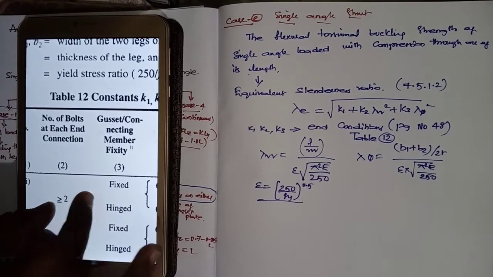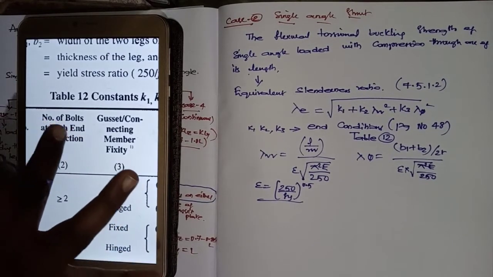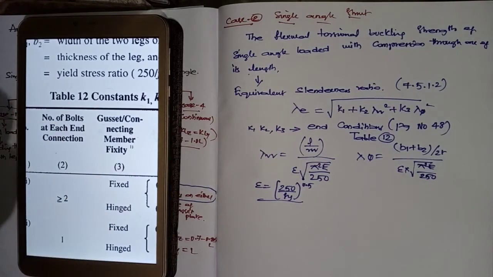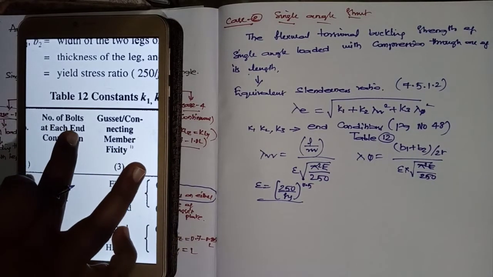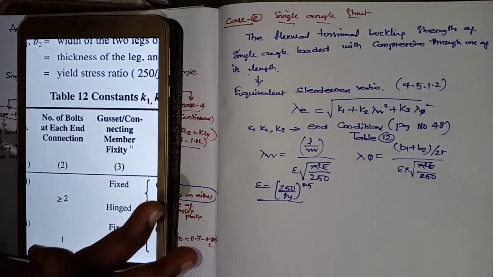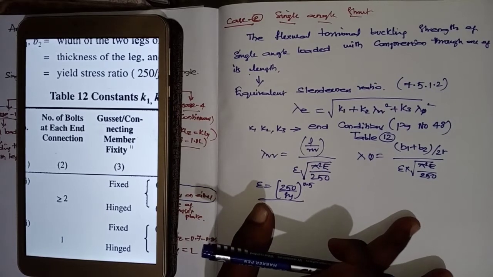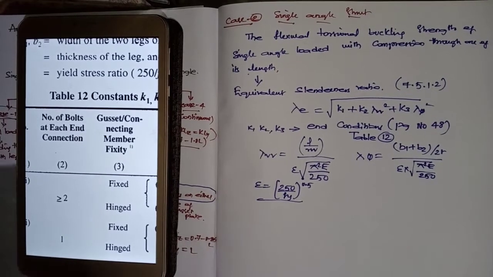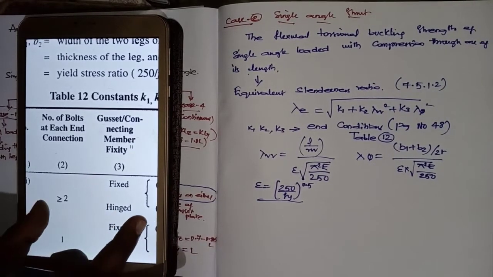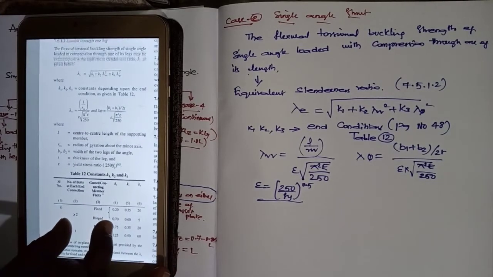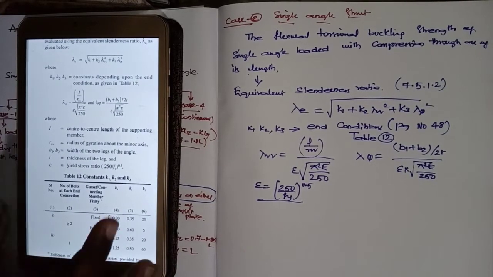This is particularly for bolt connections, but in our curriculum we are dealing with welded connections. If I do a weld of this much in that area, definitely more than 2 bolts will be available. That is the reason we will be taking this one. This is what concerns the equivalent slenderness ratio.